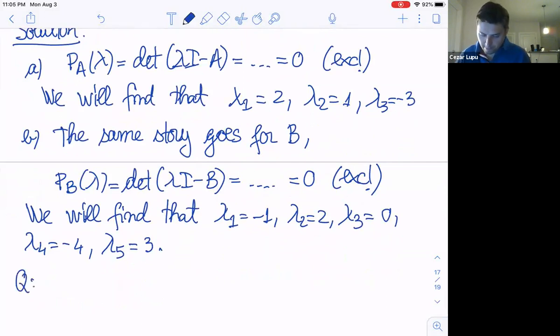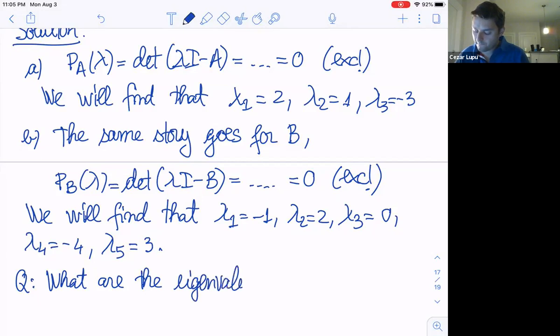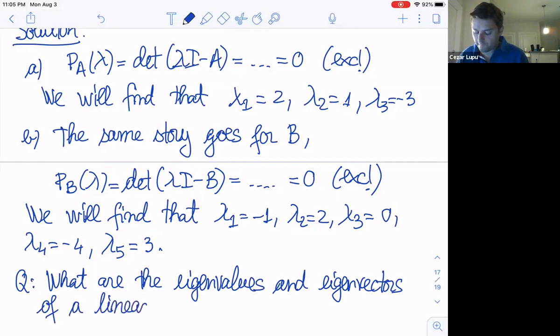What are the eigenvalues and eigenvectors of a linear transformation? That is the question we want to answer.